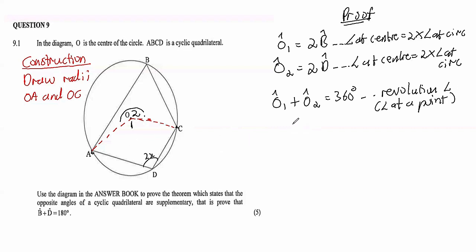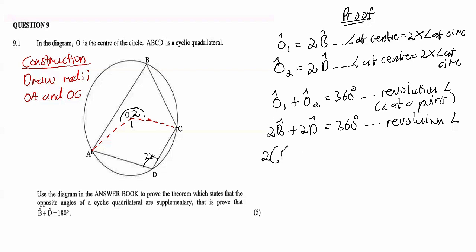Then again, we have the 2B plus the 2D must give us 360 degrees. Remember, the 2B is the same as expressing O1, and the 2D is the same as expressing the O2. So they still go for the same reason, revolution angle, right? But then looking at this, remember that we can factor out the 2 here.